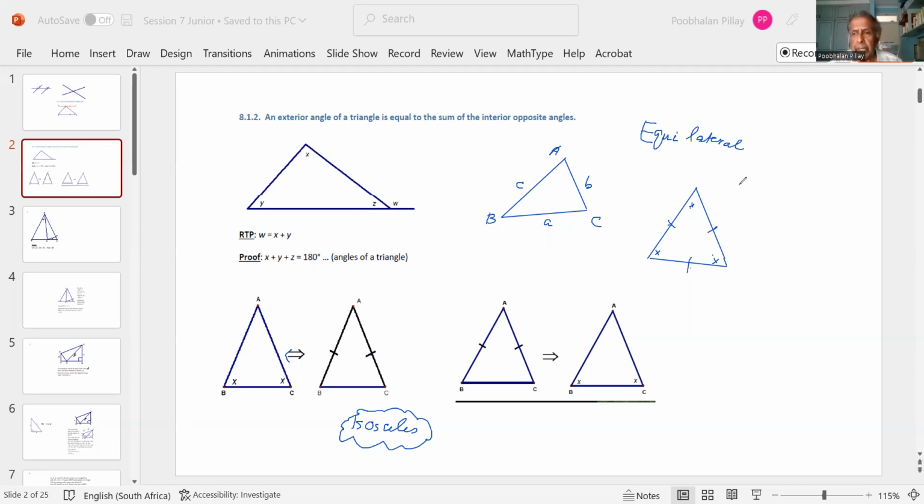We know that when you add the three angles of a triangle, you get 180 degrees. But x plus x plus x is 3x, that's what algebra tells you. And if 3x is equal to 180 degrees, then x is 60. So this is a very important fact: in an equilateral triangle, all the angles are equal to 60 degrees.